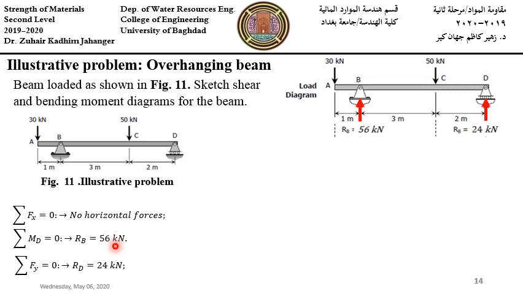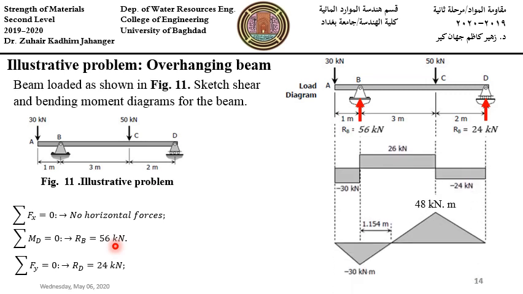Then we are ready to draw the shear force diagram. As I said before, the downward reaction of 30 at A causes the shear ordinate at A to decrease to minus 30. This is the shear force diagram axis, positive, minus.